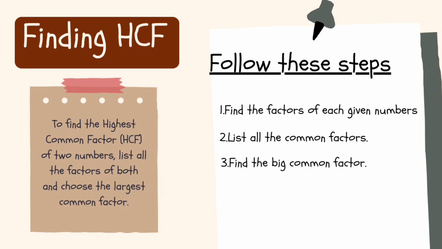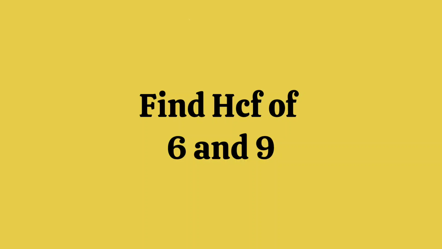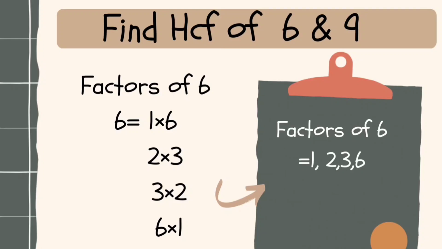Now let's do this with an example. Here are two numbers, 6 and 9. Find their HCF. First step, find the factors of 6 and 9. 6 equals 1 into 6, 2 into 3, 3 into 2 and 6 into 1.